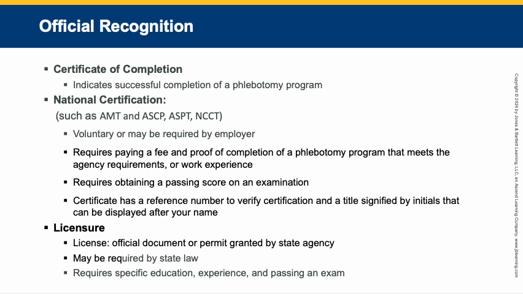So when you finish with this program, if you become certified as ASCP, then you will put ASCP in parentheses after your title. PBT and in parentheses ASCP. Okay, if you don't take a national exam, you don't get to put those particular letters behind your name.